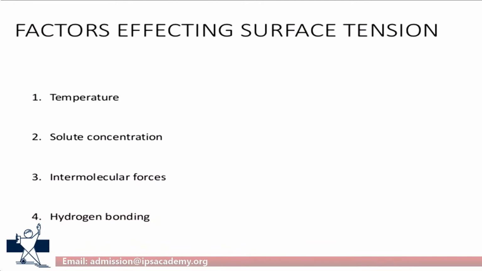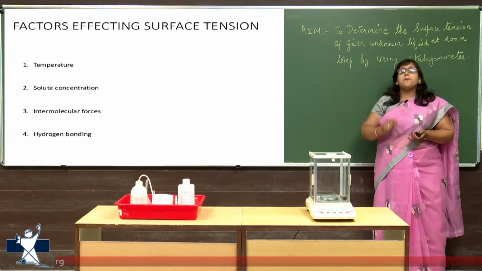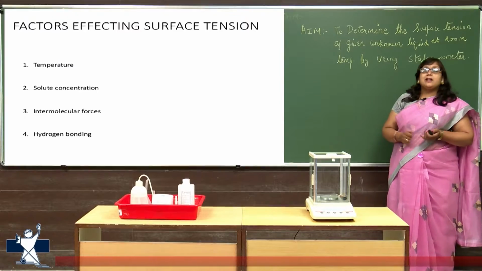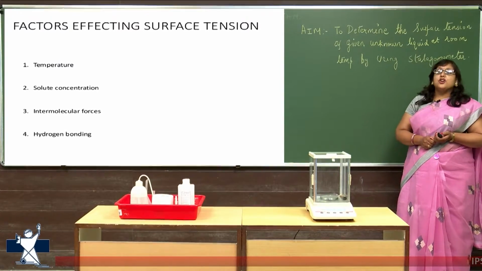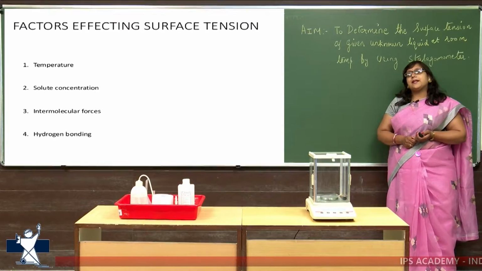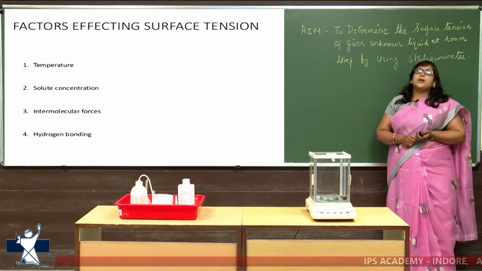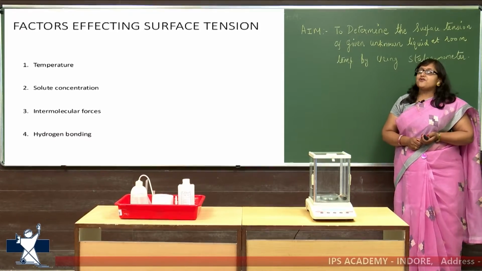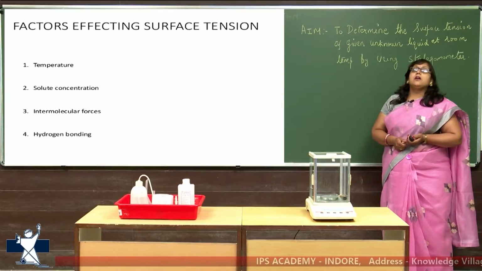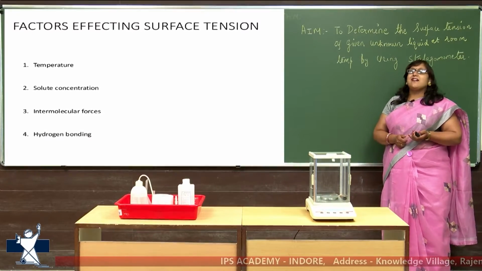If we increase the temperature, the force of attraction decreases because the molecules become mobile, and if we decrease the temperature, the molecules come closer and attraction increases. Other factors are solute concentration, the amount of solute particles we are dissolving, intermolecular forces between the layers of the liquid, and hydrogen bonding, because as we are taking water, the molecules of water are held together by bonding known as hydrogen bonding.